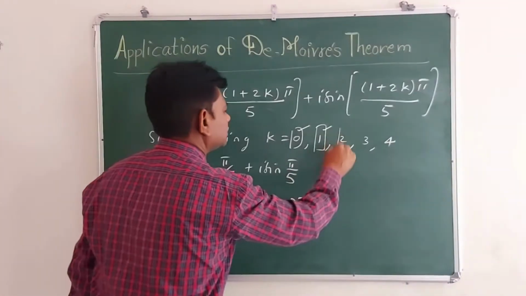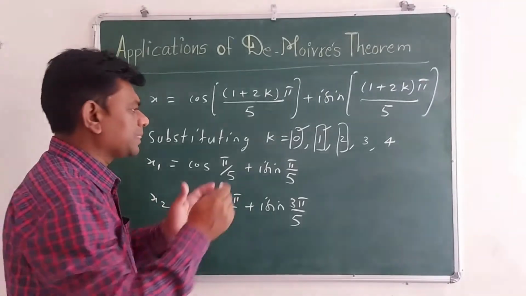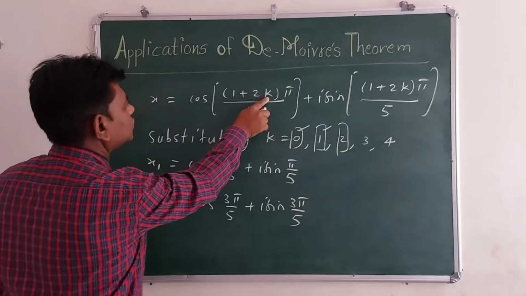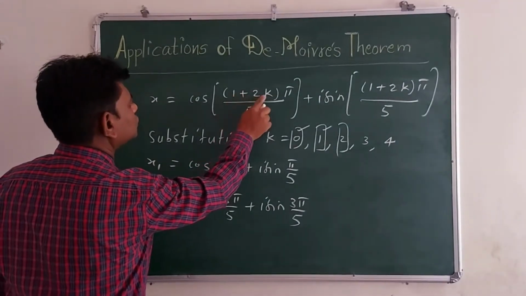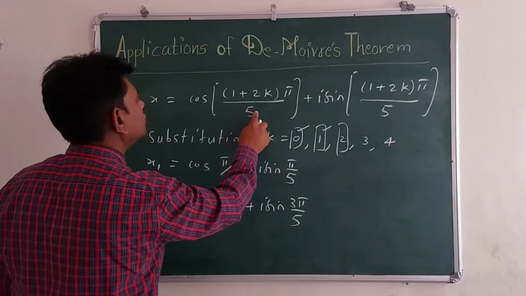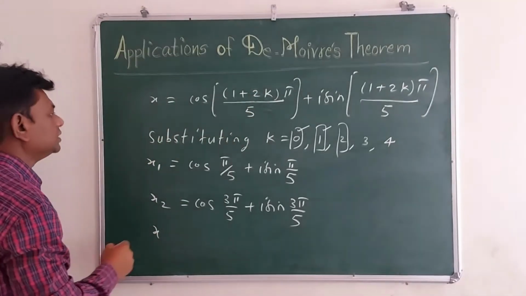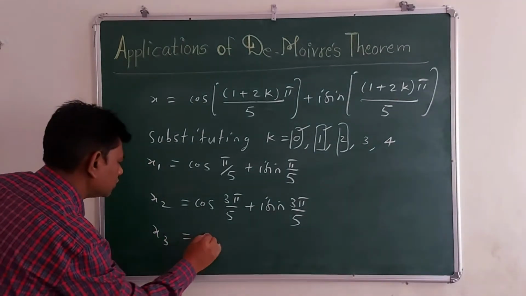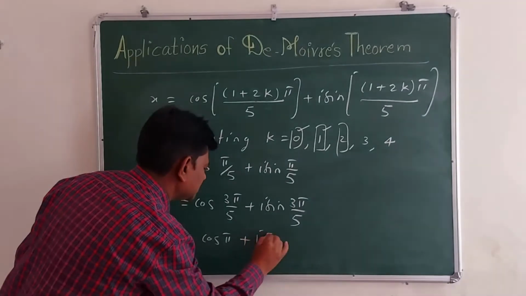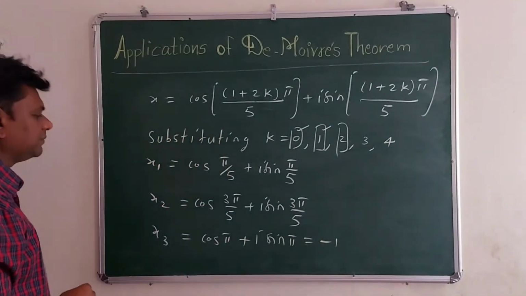Now by substituting k equal to 2, we get the third value of the new equation. Now k be the 2, the 1 plus 2 times 2 means this whole answer be the 5 pi by 5, that is pi. Therefore this whole answer be the cos pi. Therefore x3 is equal to cos pi plus similarly i sin pi, this is equal to minus 1.